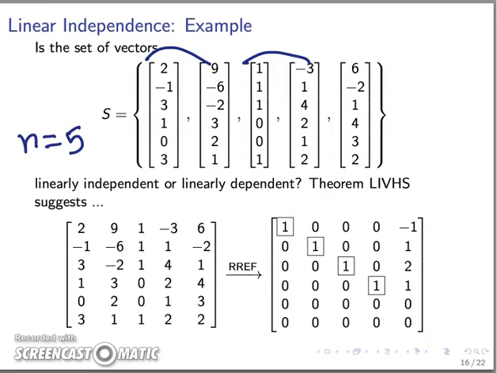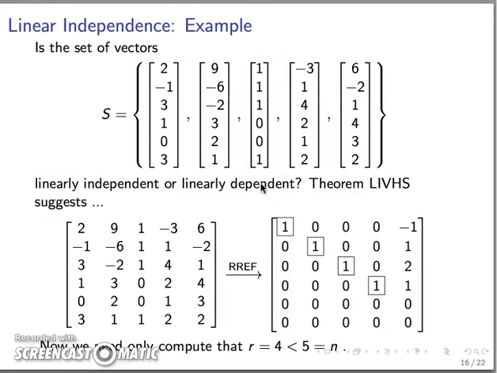And the number of non-zero rows here, R, equals 4. So since the number of non-zero rows is not exactly equal to the number of columns, we would say that in that case, this set is classified as dependent.